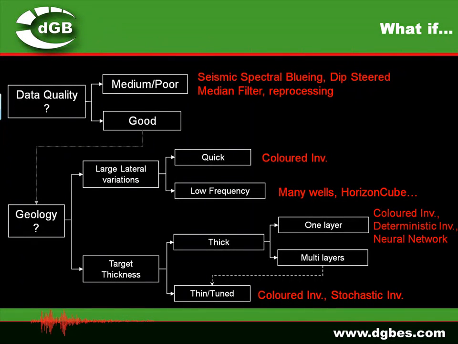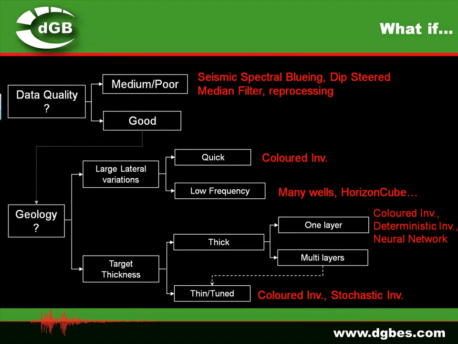If you have a medium or poor seismic, you have to improve the quality. So you will do spectral blueing, dip median filter, or if it's really bad, then you will think about reprocessing. So then you will get a good or acceptable seismic quality, and then you will look at the geology.